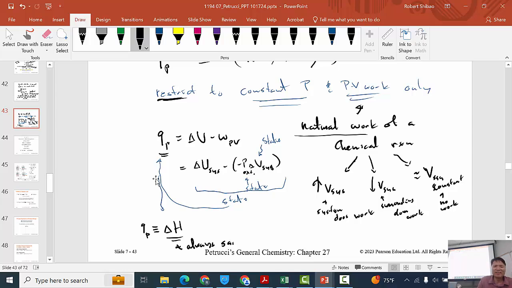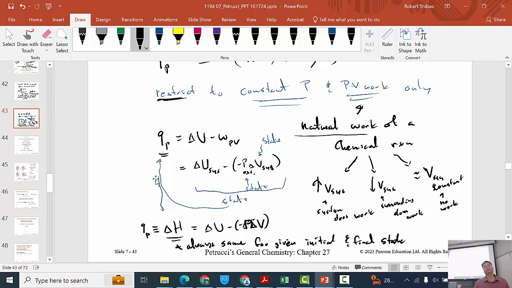Always the same for a given initial and final state. This is very good because now we can predict how much heat should be generated in this particular reaction. And this is going to equal delta U minus P delta V. I'm not going to distribute the negative sign.